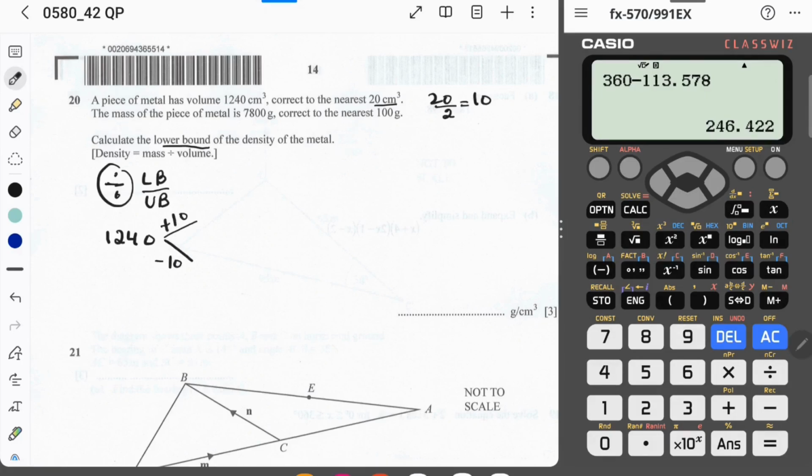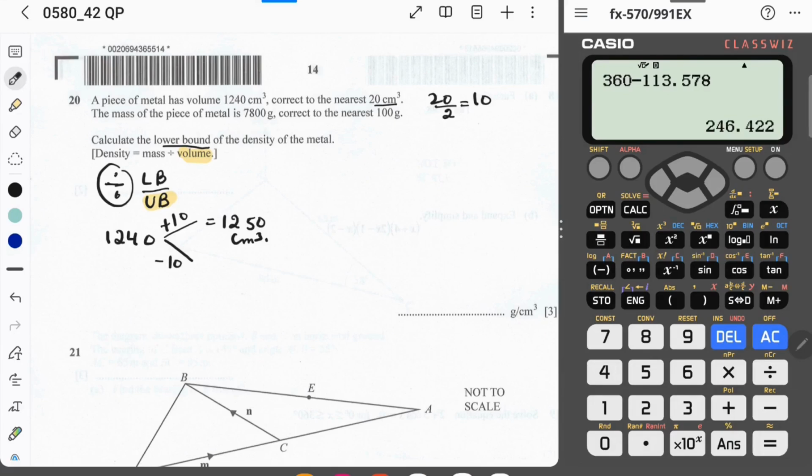So what we have to find out is the upper bound for the volume, because volume comes in the denominator. So we need 1240 plus 10, which is equals to 1250 cubic centimeter for the volume. Let's come to the other thing, which is your mass.